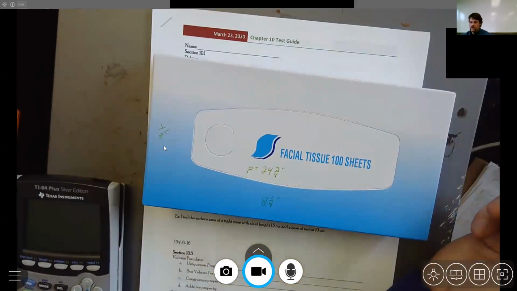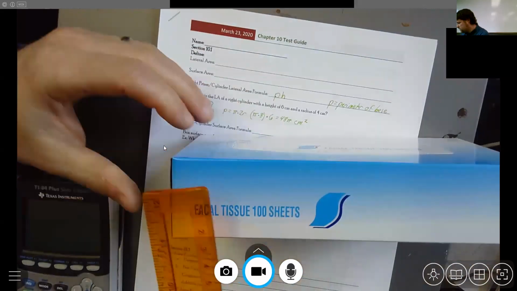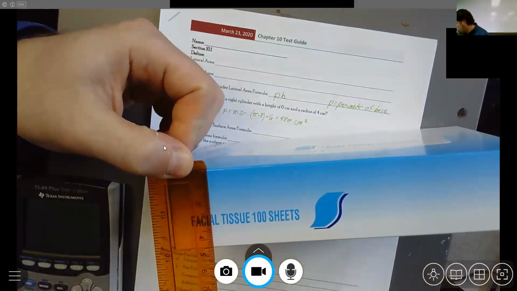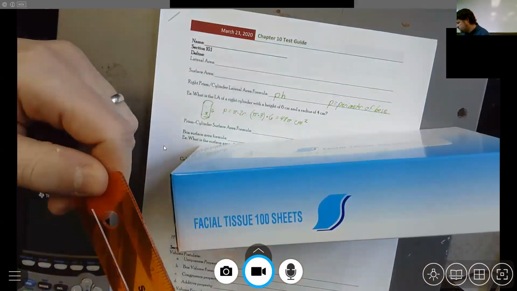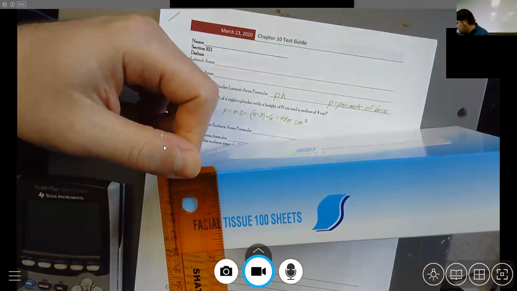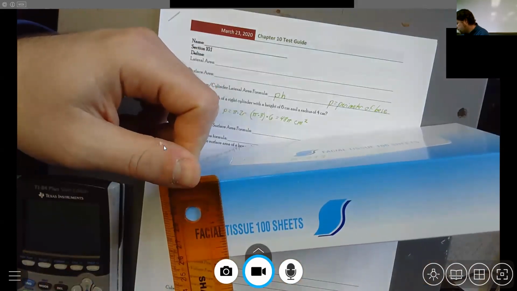Then we need to multiply by the height. The height is, sorry, that was in centimeters. The height is 1 inch, and we're going to call it 1 3/4 inches.